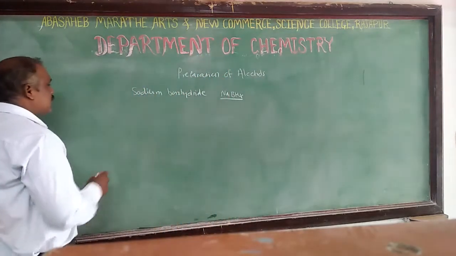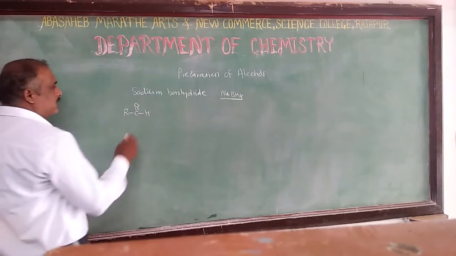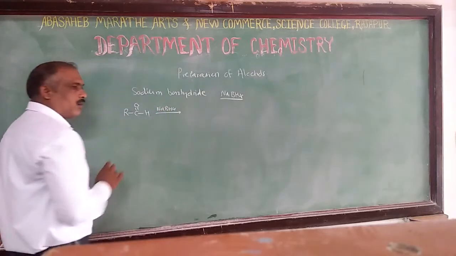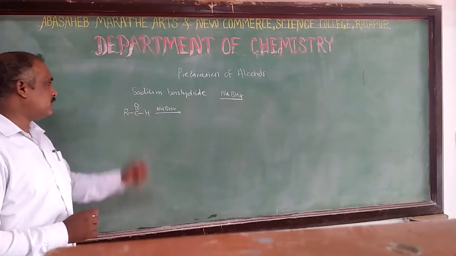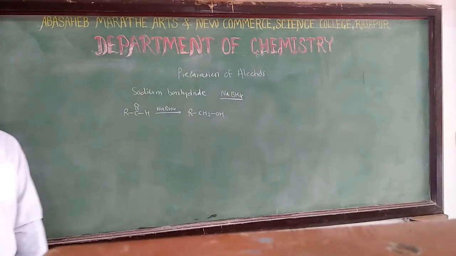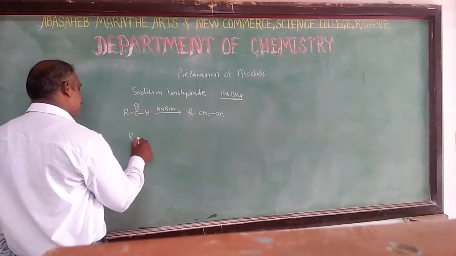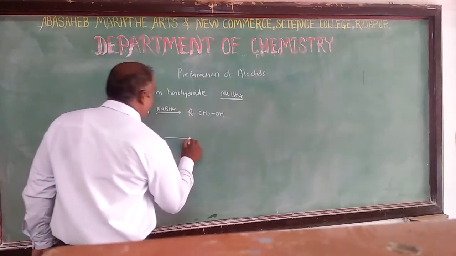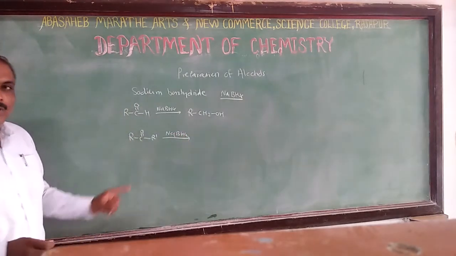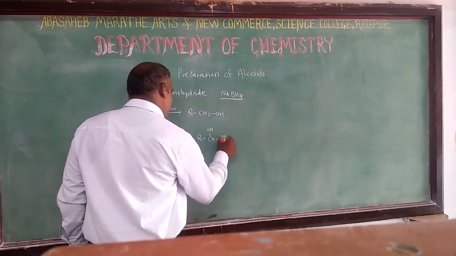Now we have two general reactions. Aldehydes we can reduce by using sodium borohydride, and after reduction the aldehyde gives the corresponding alcohol, a primary alcohol, right? When we use a ketone in the presence of sodium borohydride, the product is a secondary alcohol, RCHOHR'.